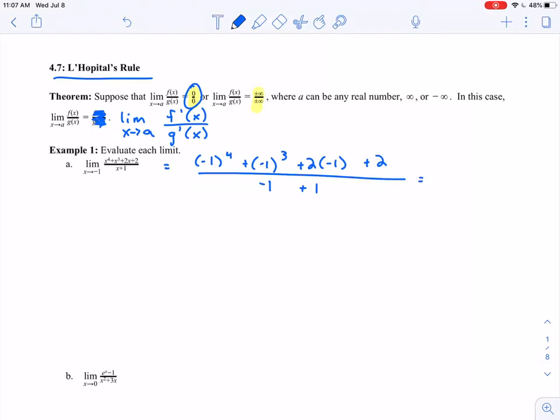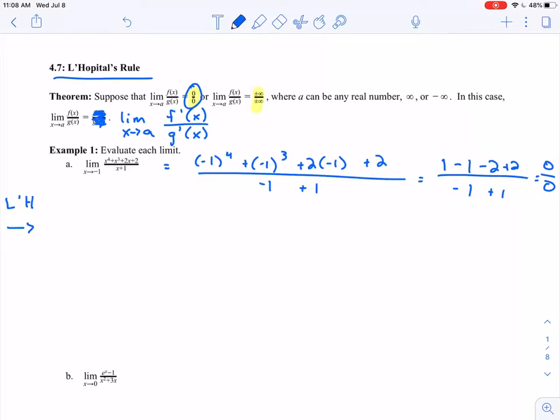My numerator ends up being 1 minus 1 minus 2 plus 2, all over negative 1 plus 1. This ends up being 0. Oops, not 0, it ends up being 0 over 0. So this is, in fact, an indeterminate form.